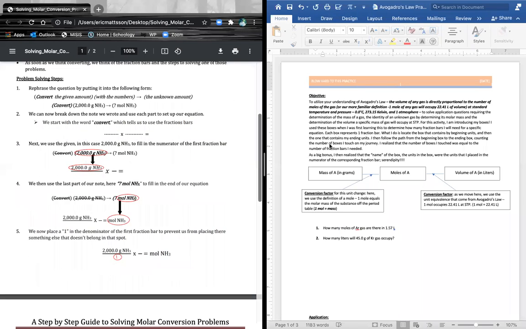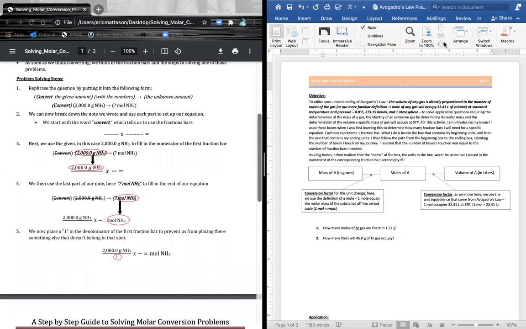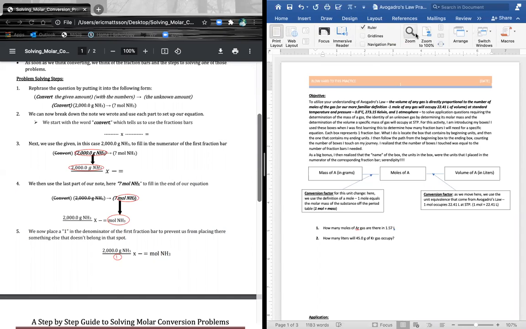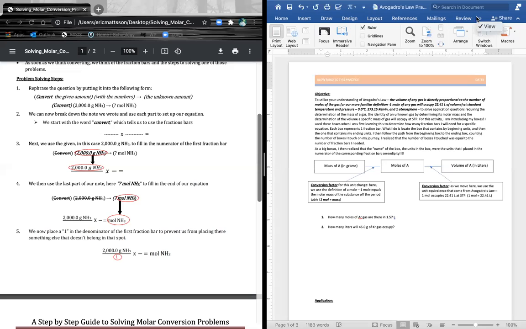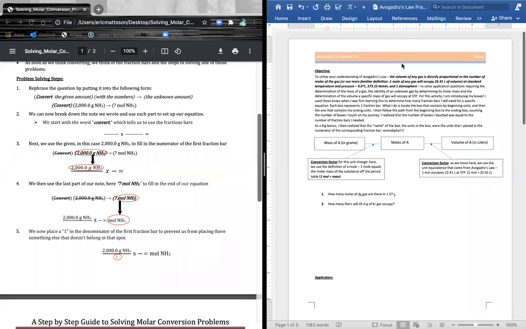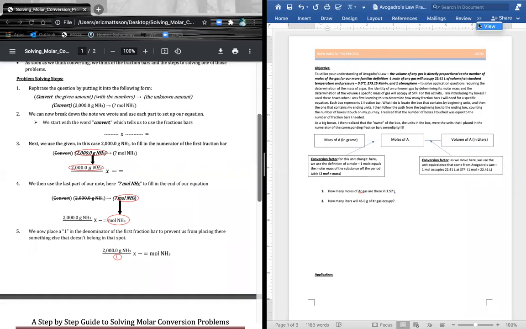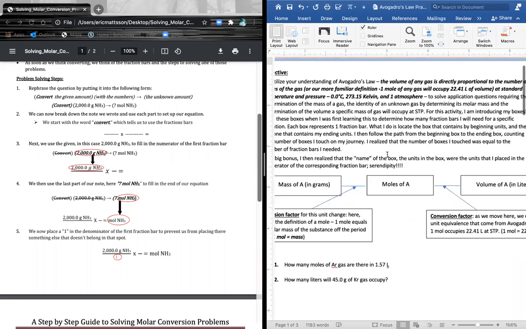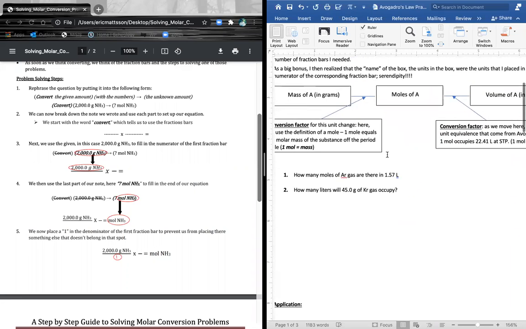Sorry, this thing can't see, so I'm going to have to enlarge this a bit. All right, we can still see everything. So I'm going to go to my steps here.